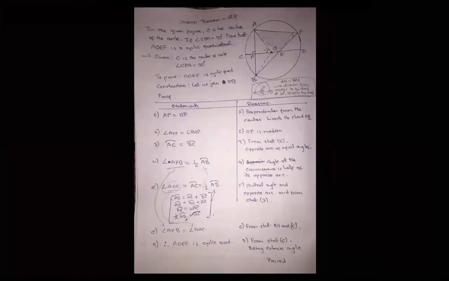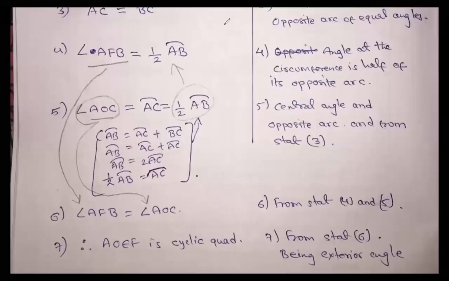ये लेसन हमारे ये AB को opposite angle को. So let me focus on this one, number 6. From here we have got this one.